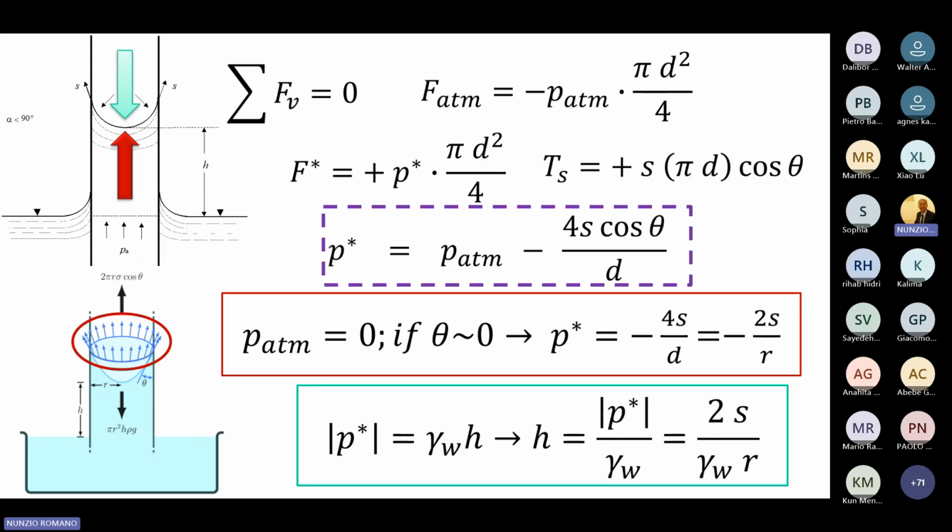This is very interesting because you see that 2 is just a number, S is fixed by the fact that you have an air and water interface, and the specific weight of water is fixed, so the capillary head, the H, the capillary rise, depends only on the radius of the capillary tube.